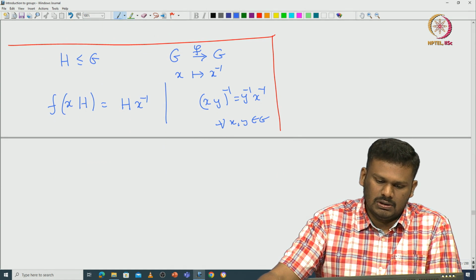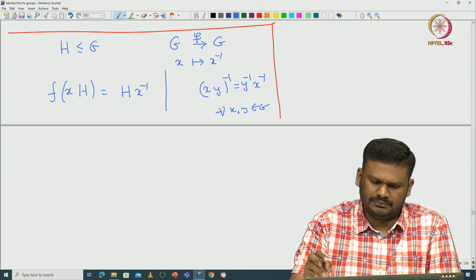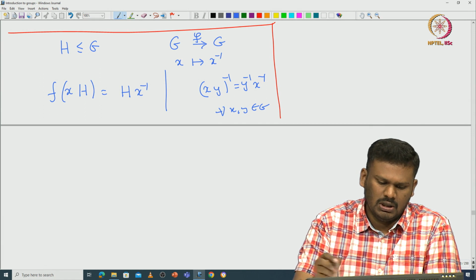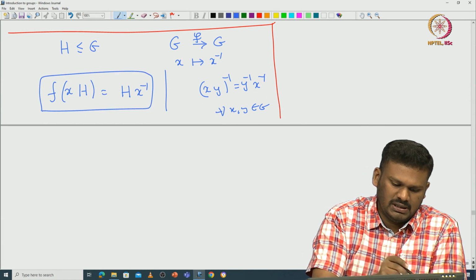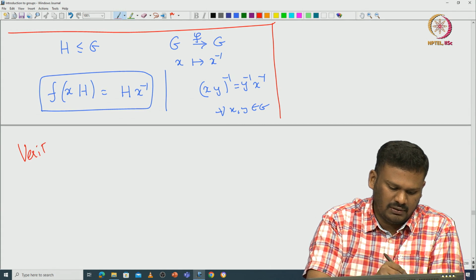This is actually a very interesting involution map. From this observation you can easily see it. I will leave it as an exercise, which is easy to verify.